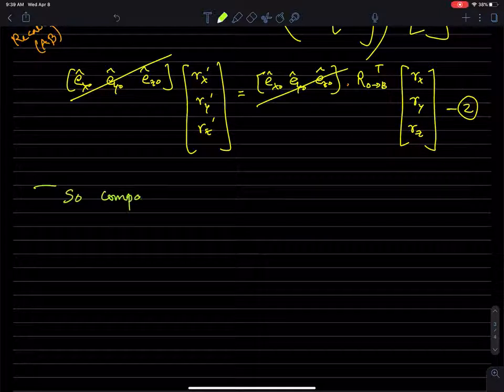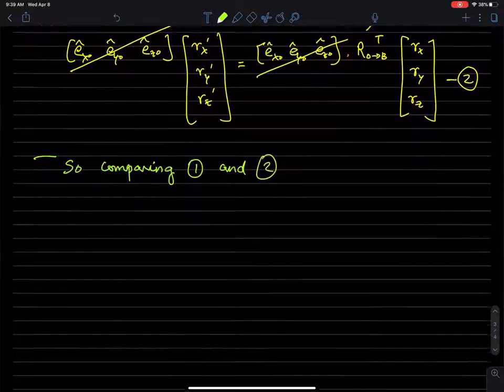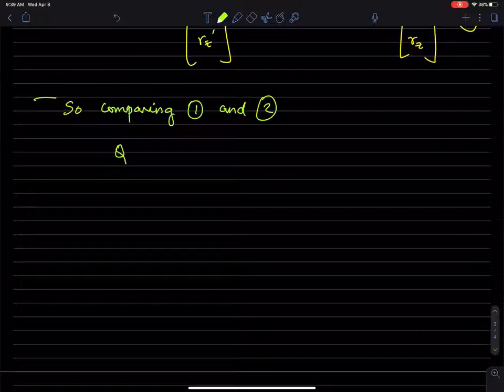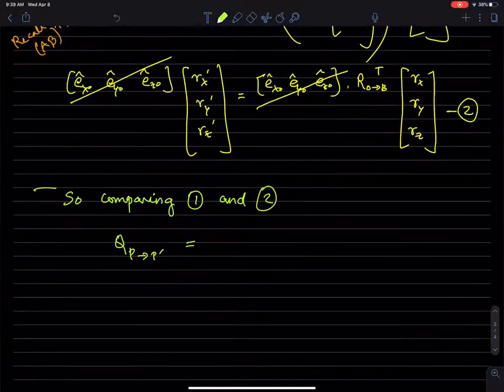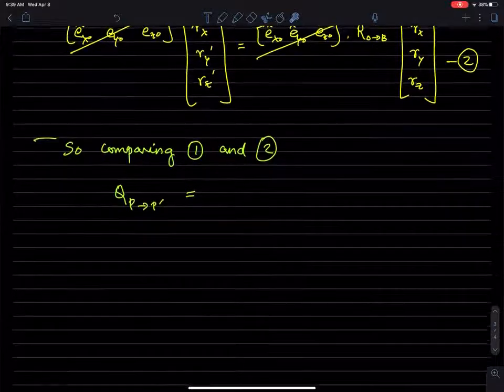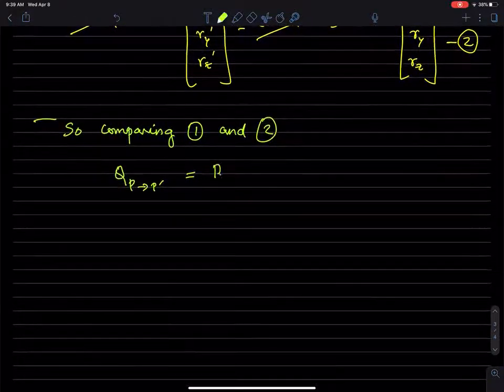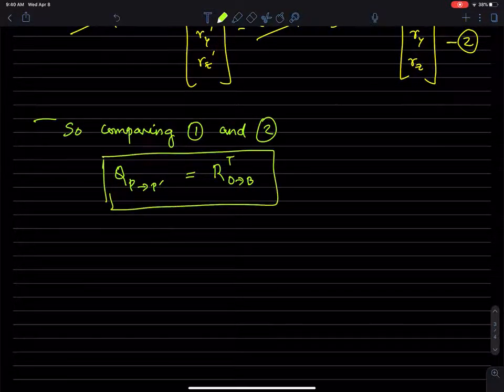Comparing 1 and 2, we have the relationship Q P to P dash equals essentially this matrix R 0 to B transpose. Okay, so that's the key relationship.